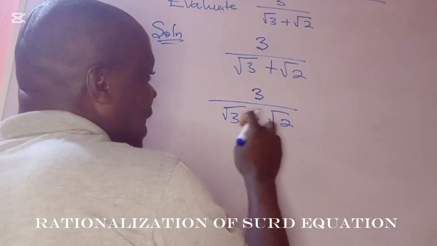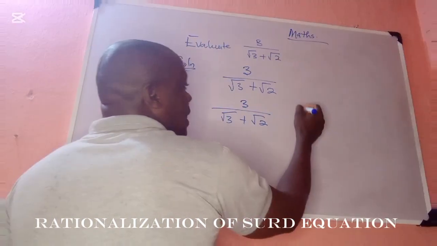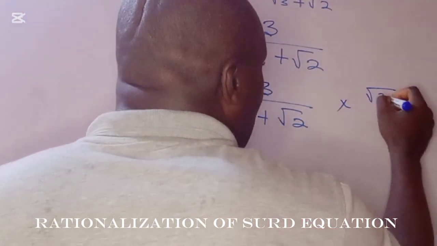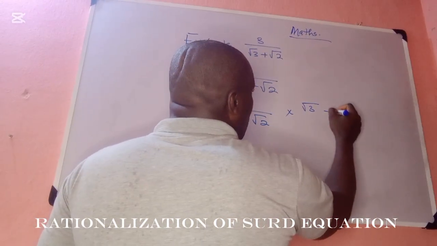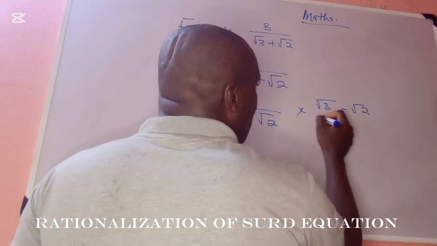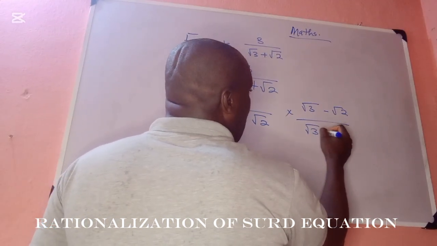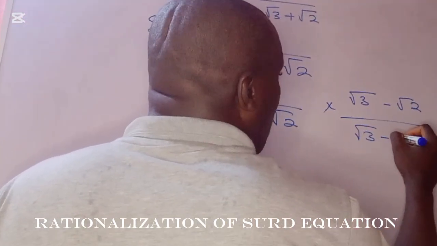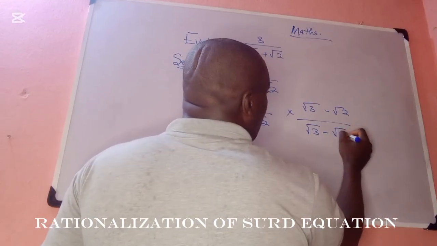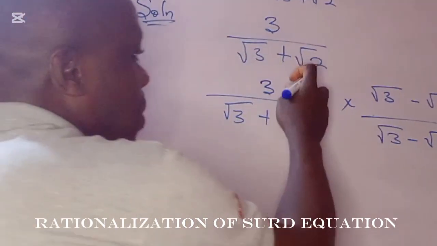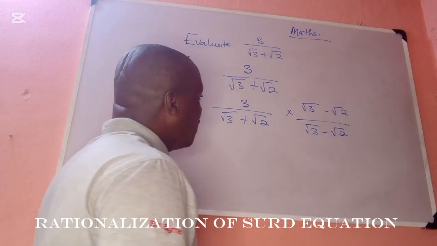Because of rationalization, this sign will turn to negative. We now have it times root 3 minus root 2 all over root 3 minus root 2.